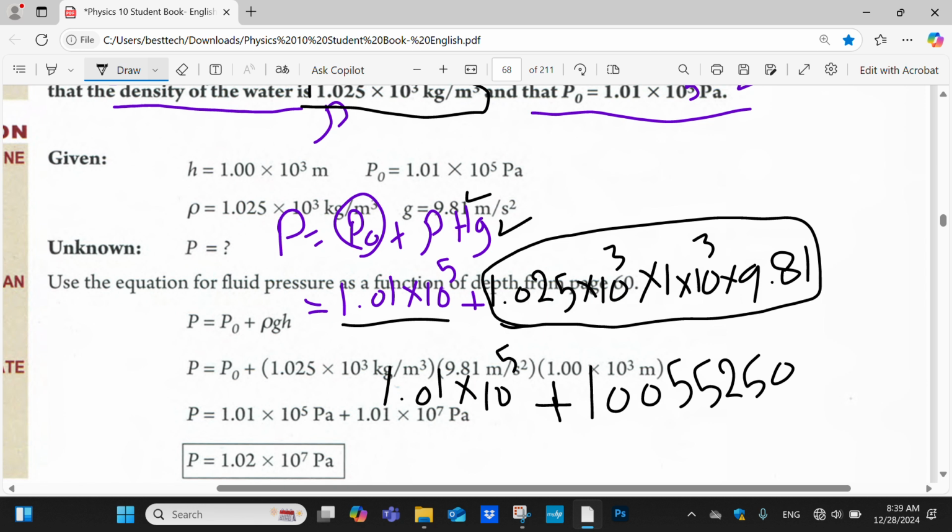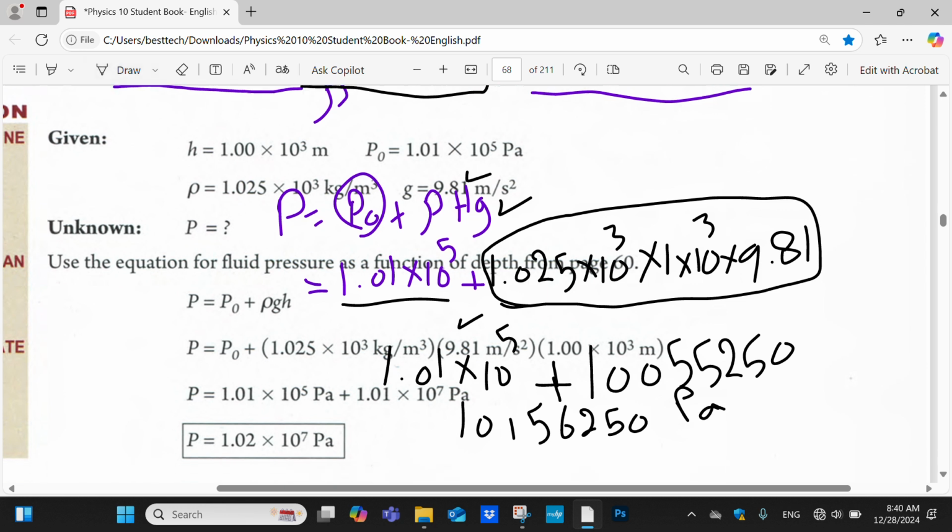So at the end you add it with 0.01 times 10 power 5. The last answer has become 1.0156250 Pascal. So this is the answer of the calculator.